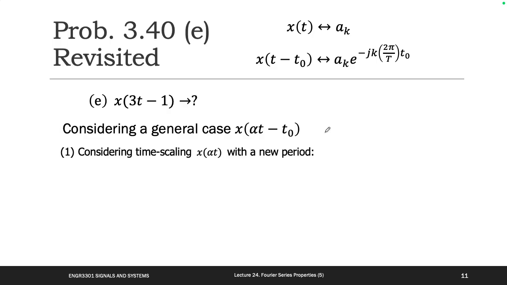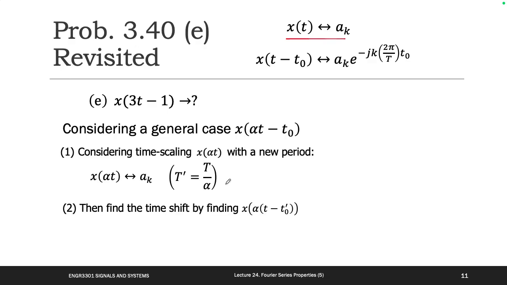Since the FS coefficient for x(t) is a_k, it's the same thing. The FS coefficient for x(alpha t) is also a_k, but the period will change. It becomes T divided by alpha. Do you know what alpha is here? 3. Does that make sense? So the period becomes smaller; it will equal T over 3.